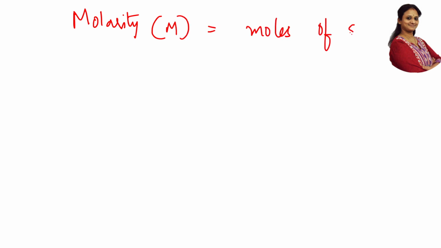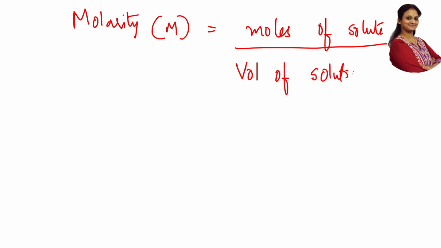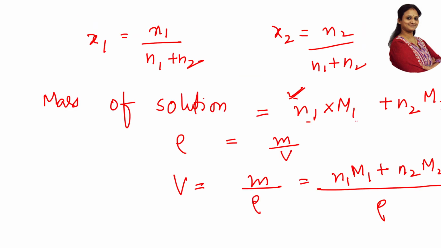What is the molarity formula? The molarity formula, capital M, is moles of solute divided by volume of solution in liters. Volume of solution in liters. Now, what is moles of solute which we got? We got it here. See here. Moles of solute. Did we write earlier? Yes.